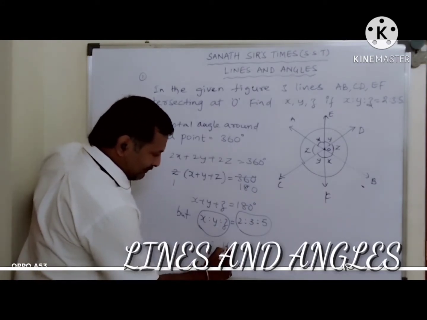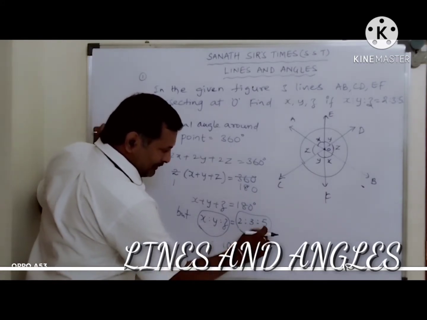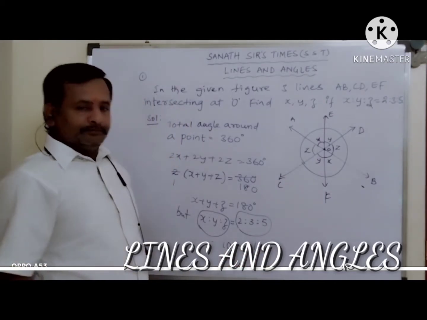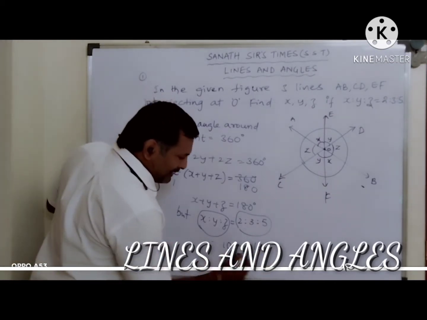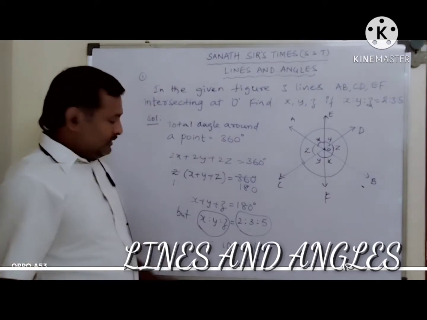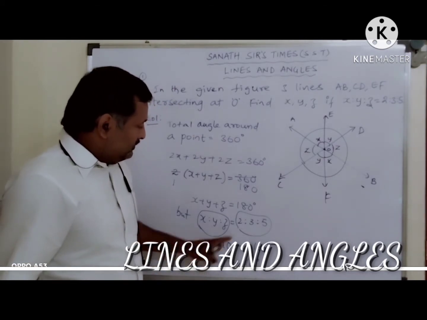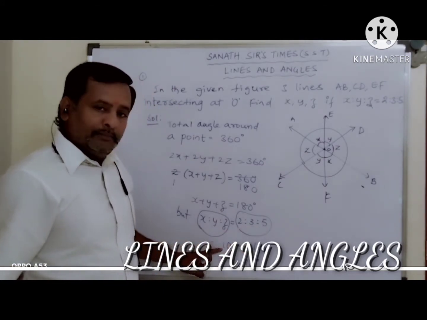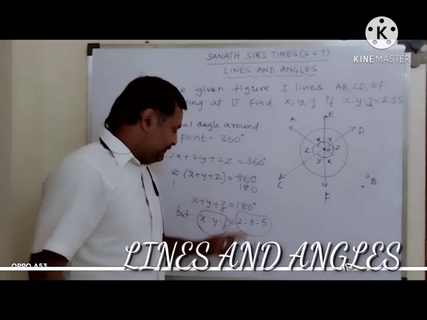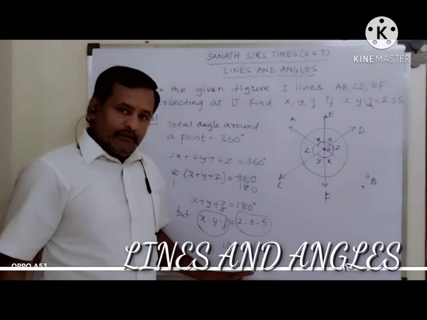So 10 parts is equal to 180 degrees, therefore one part will be equal to 18 degrees.